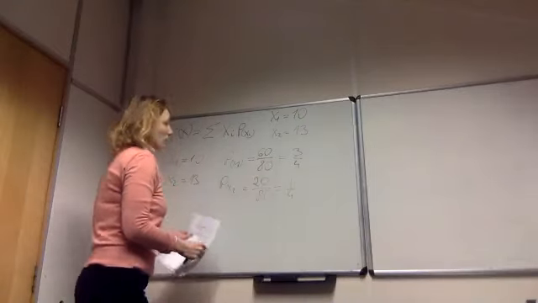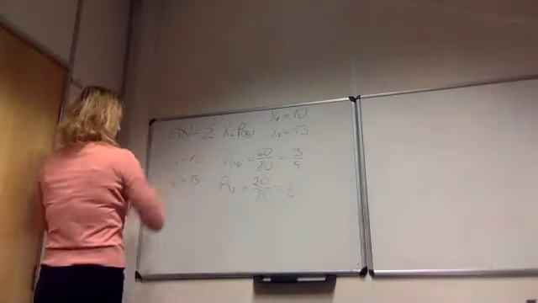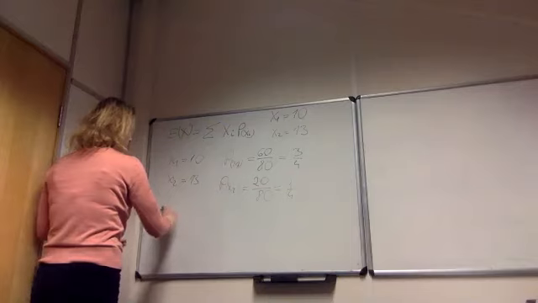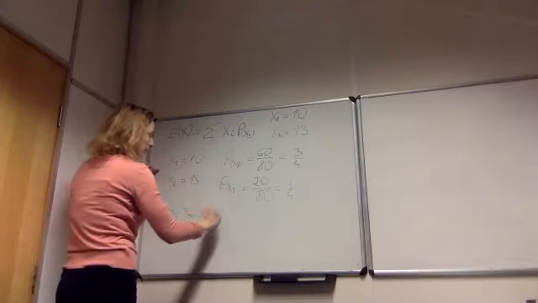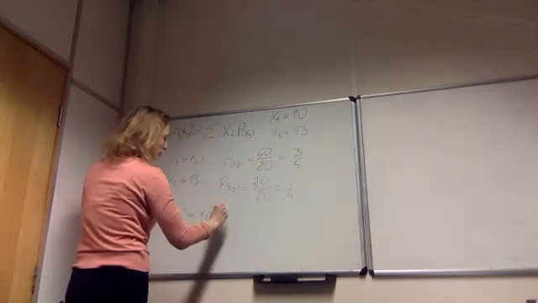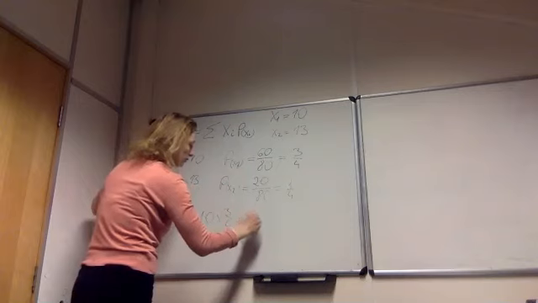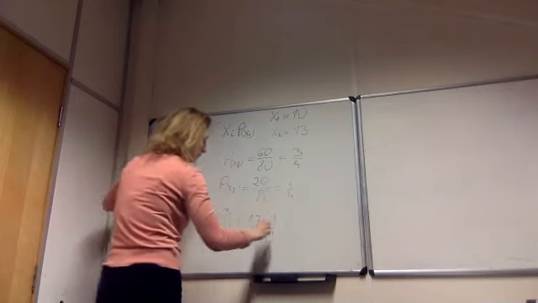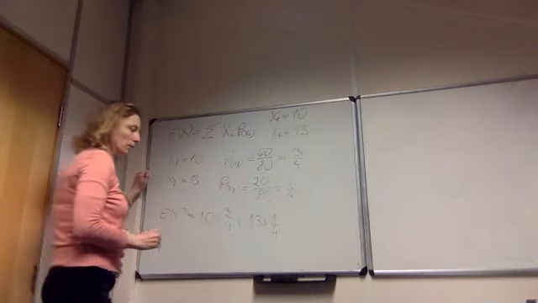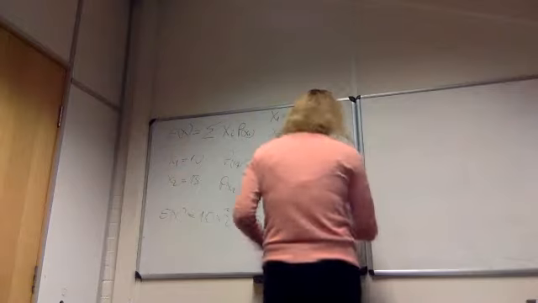Right? Yes. So now we substitute it in the formula. We take 10 multiplied by its probability, which is 3/4, plus we take 13, the other value, multiplied by its probability, 1/4, and it gives us 10.75.